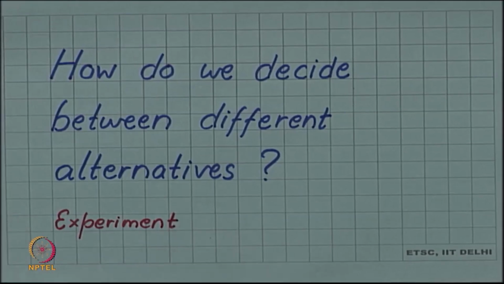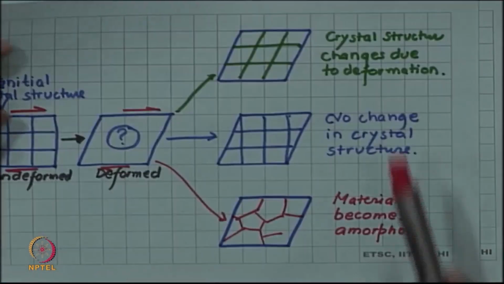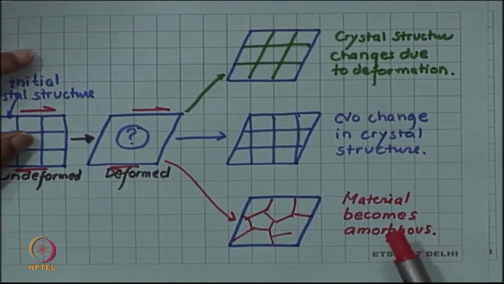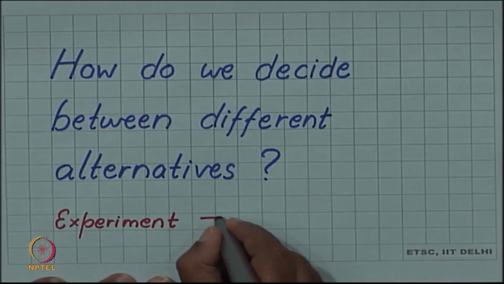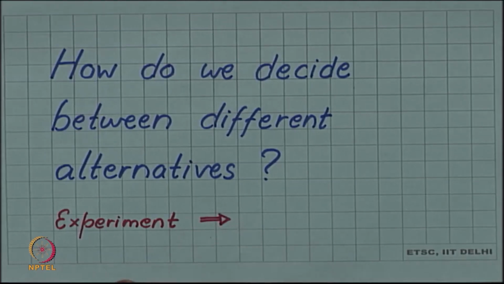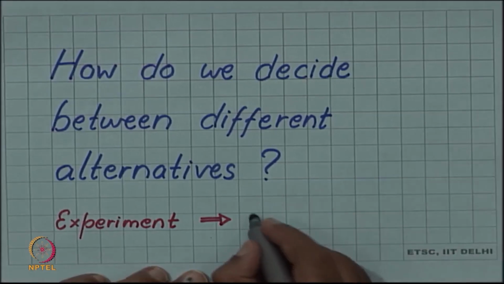Now, if we wish to decide whether the crystal structure is changing or not changing, or is totally getting lost, what experimental tool do we have? If you recall from your previous study of structure, the experiment which we need to do in this case is X-ray diffraction.